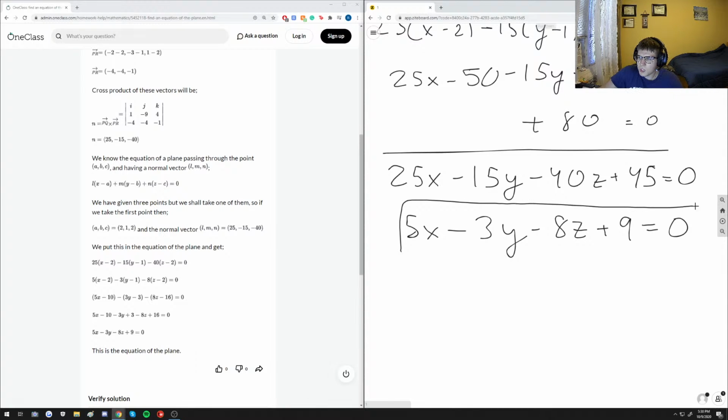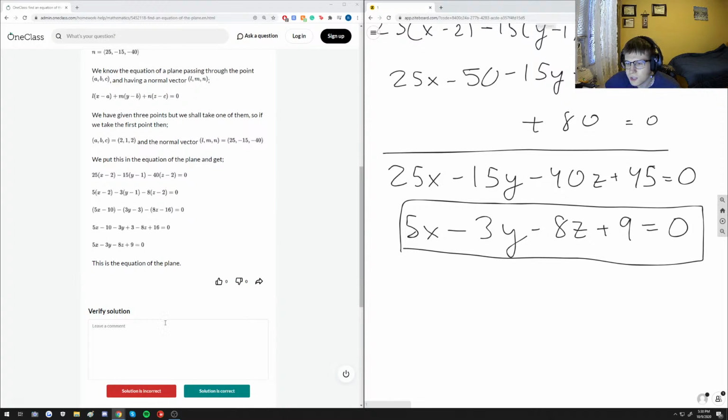So both of these are correct, but this is just a more simplified version. This is probably a better version, and this would be the answer for this question. So again, this is correct. I had to look at this last step here to realize that we can factor out a 5. So this is the correct solution.